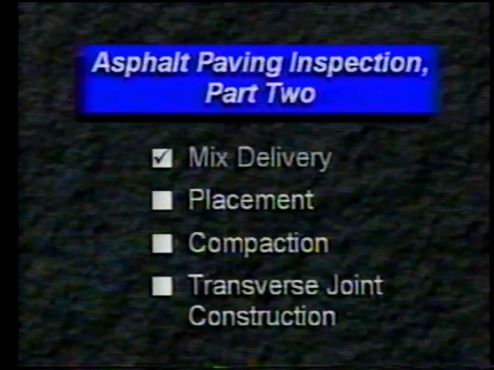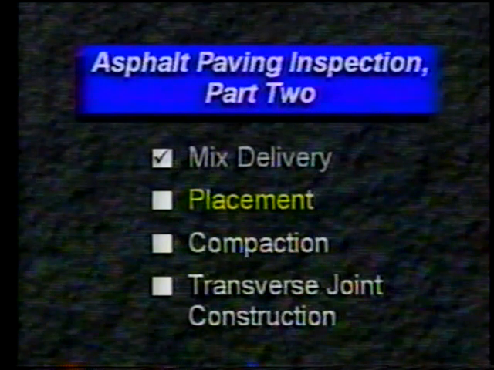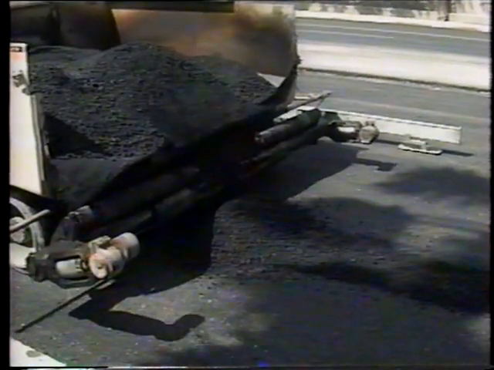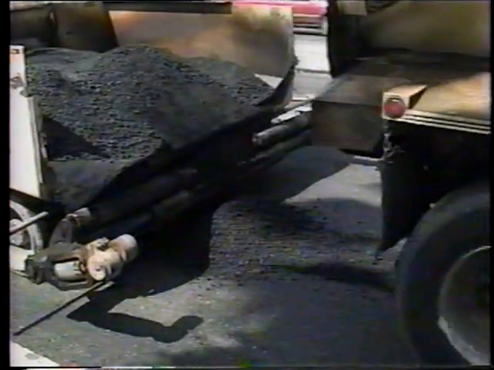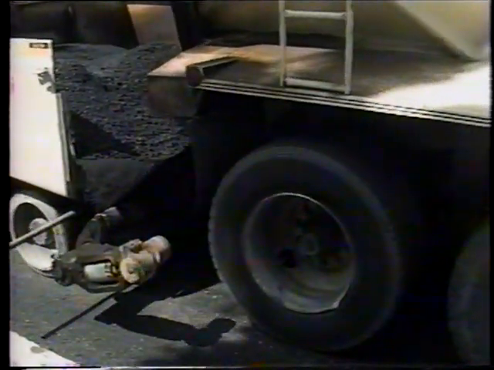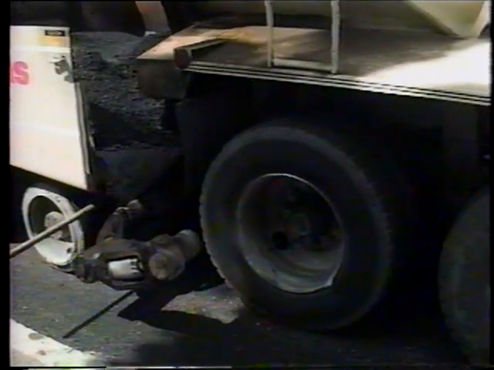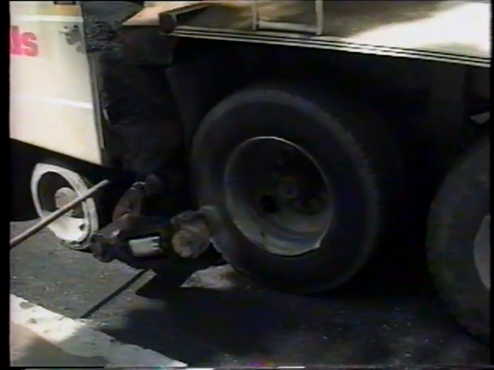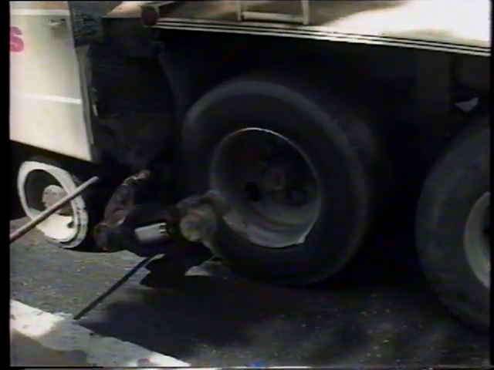Now let's take a look at mix placement, beginning with the conventional method. First, the haul truck should stop about a half meter from the paver so that the paver can move forward to contact the truck tires with its rollers. See that this contact is made smoothly and evenly.